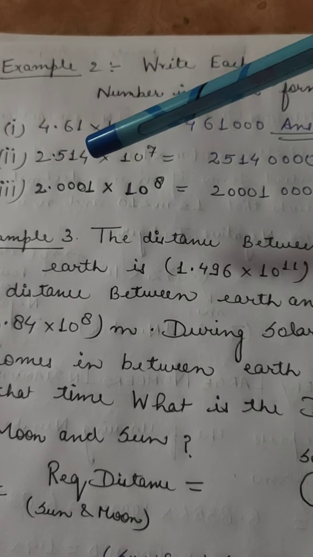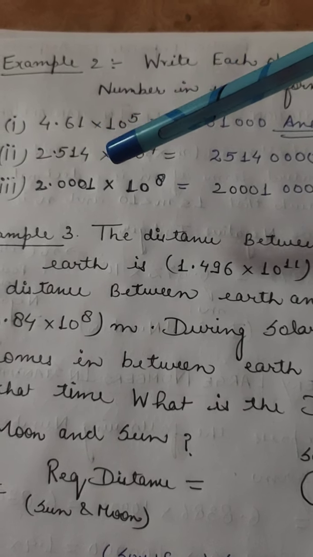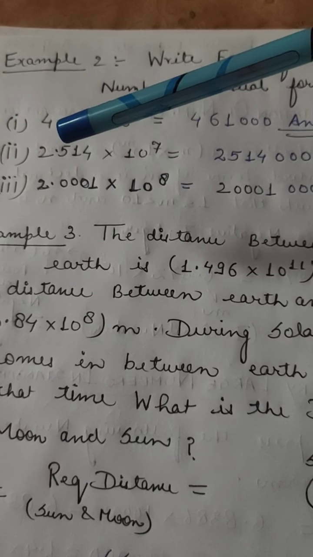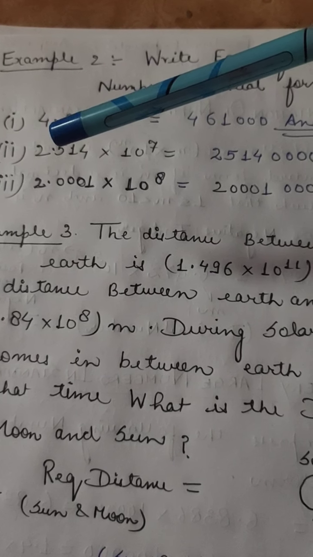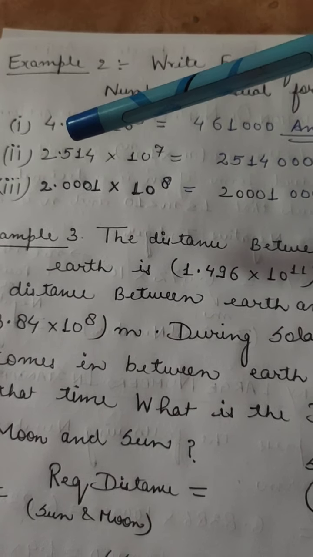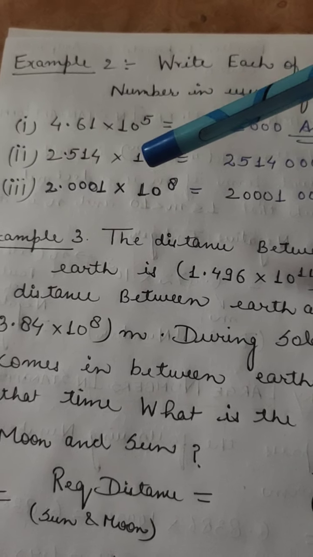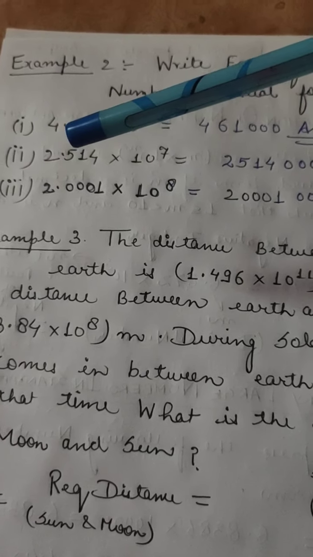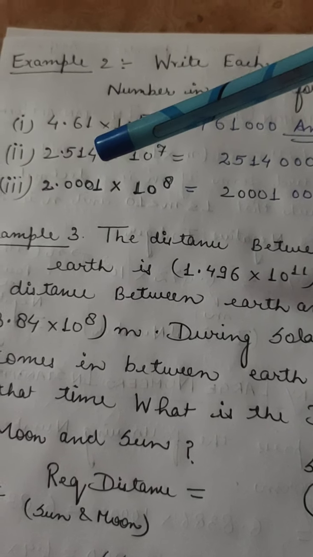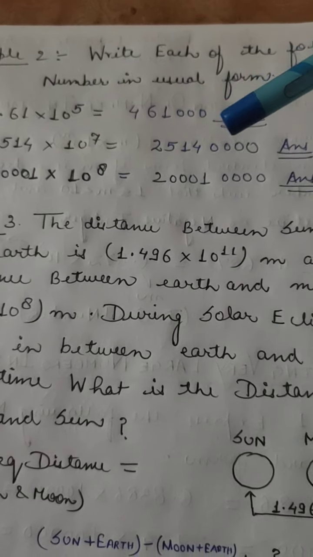Similarly, in the next question, 2.514 times 10 to the power 7. We have to move the decimal to the right-hand side. How many places? 7 places, because the power of 10 is 7. So 1, 2, 3 and 4 more zeros should be put.